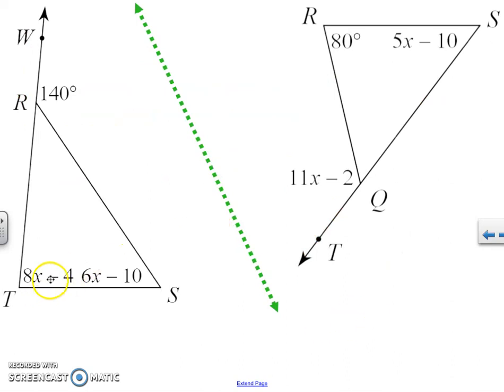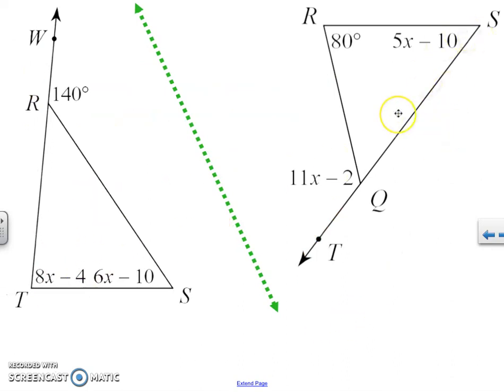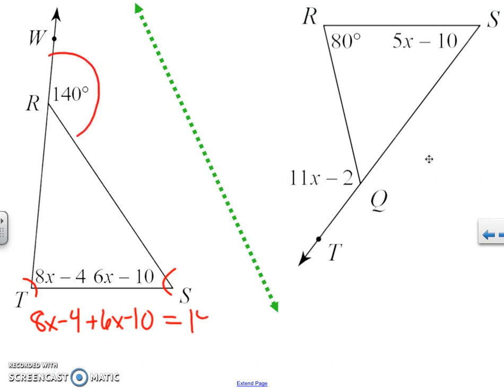So let's look at two problems. I'm going to do this one with you and then I'll leave this one to you guys. So I know that these right here are my two inside angles. So I would say 8x minus 4 plus 6x minus 10 is going to equal my outside angle of 140. Okay? So I combine like terms. 8 plus 6 is 14x minus 14 equals 140.